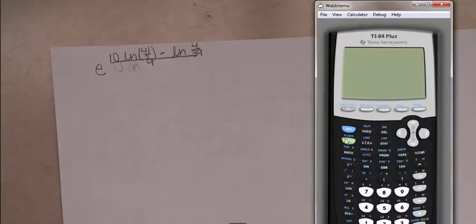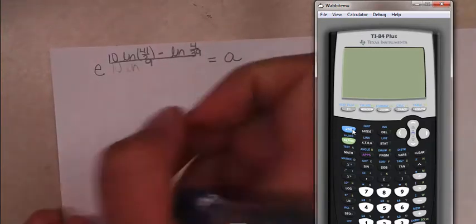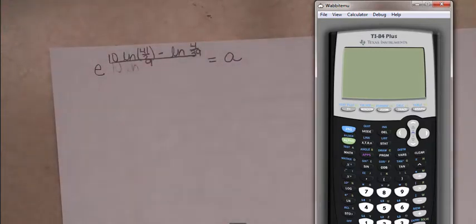All right, so punching that into the calculator could be quite tricky. And that's going to give me a. So I'll go ahead and do it with you, just to make sure we get the same answer.